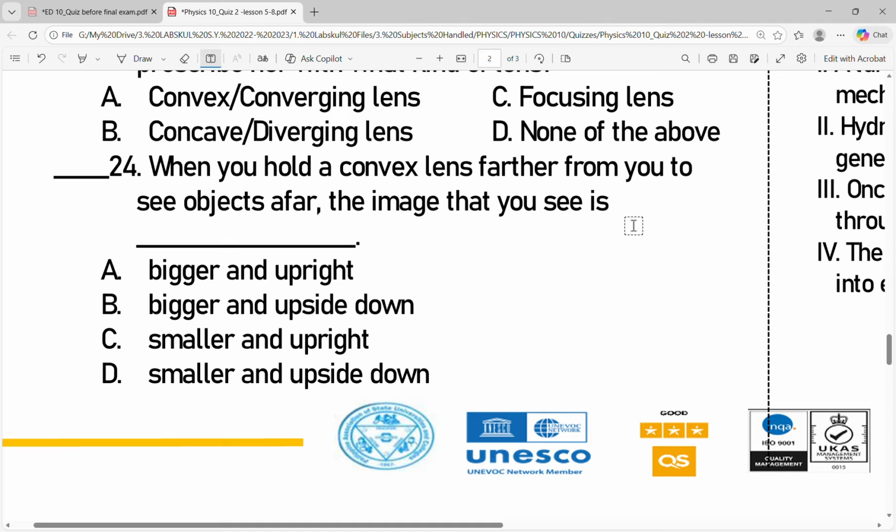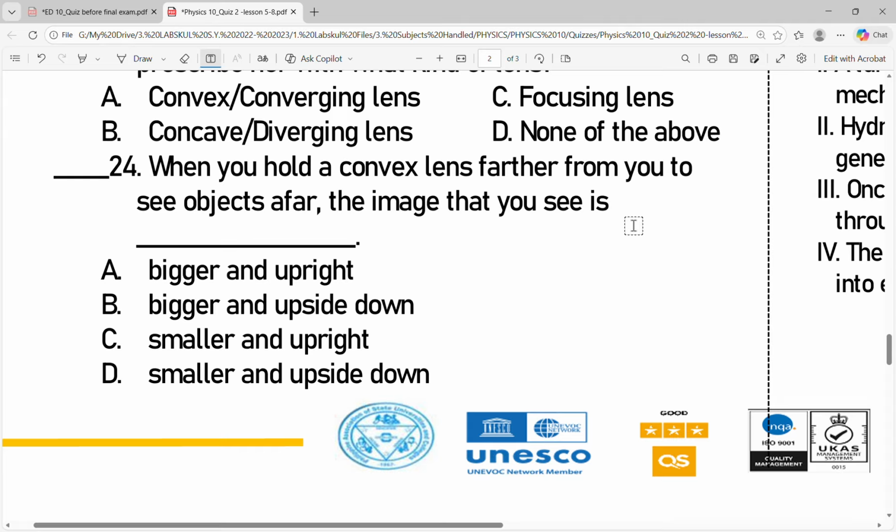And bala nyo sa concave mirror, kung lapit ang object sa mirror, upright and virtual image. Pero kung nagapalayo sa mirror, it gives us a real and inverted image. Okay? Real and inverted image.